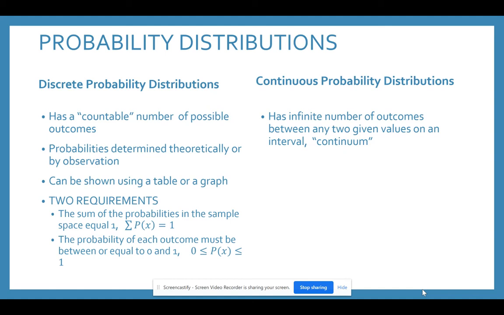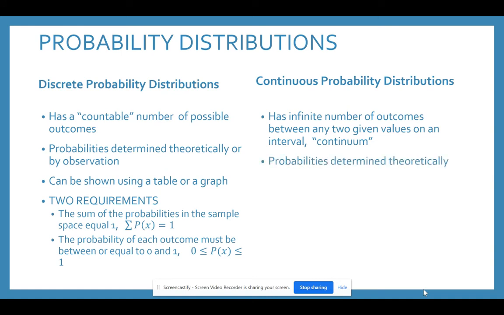Remember, we think of it as a continuum. We talked about this with continuous variables: like on a measuring stick, it's not just 0 and 1. We can break it down into halves or quarters or eighths or 16ths, so you can fill in those gaps. And so you have an infinite number of possibilities.